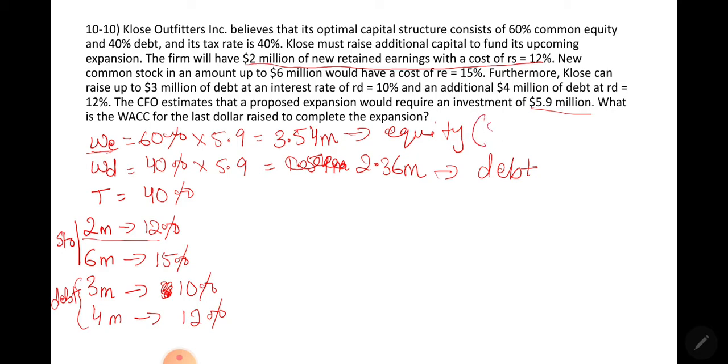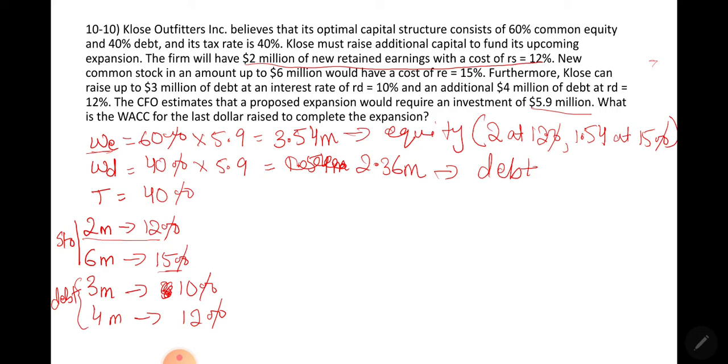So 2 million will be raised at the 12% rate, and the remaining 1.54 will have to be raised at the 15% rate. 1.54 plus 2 makes 3.54 million.